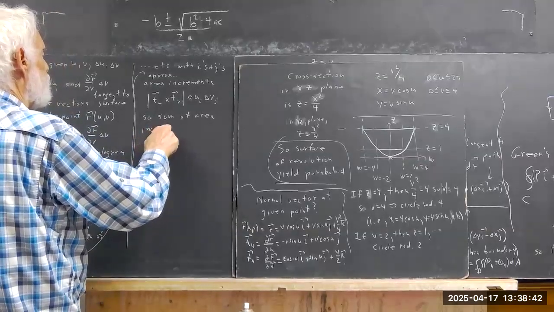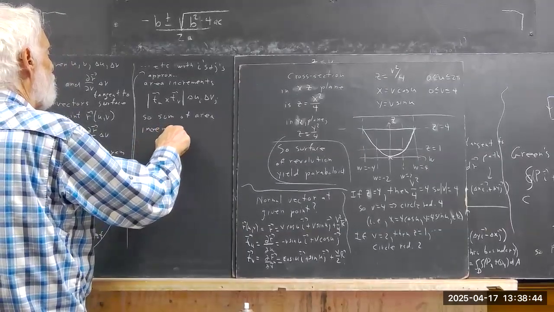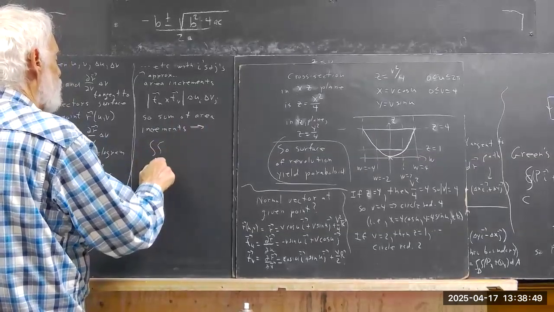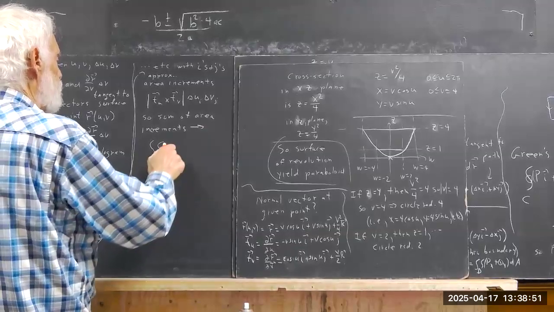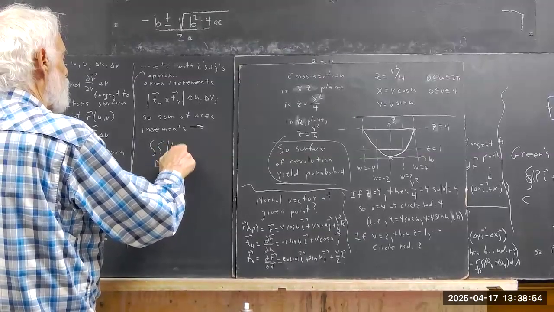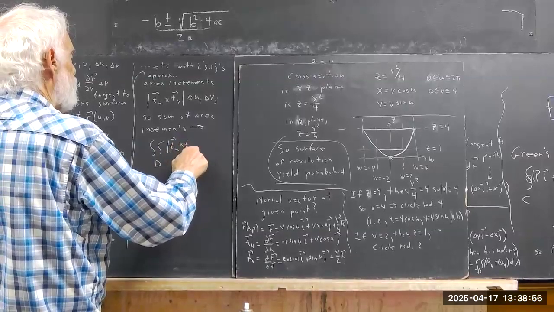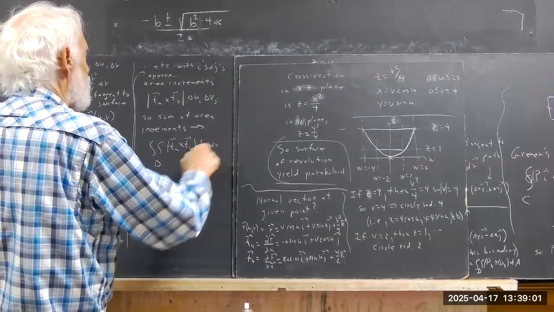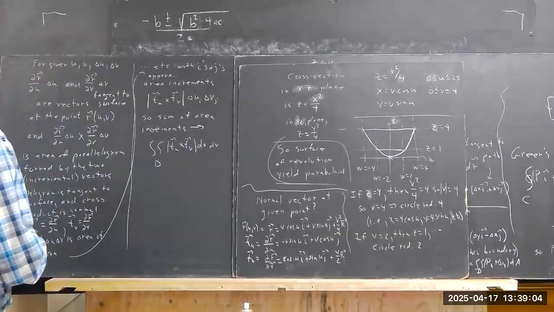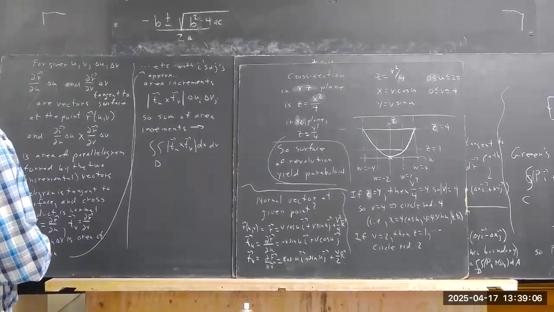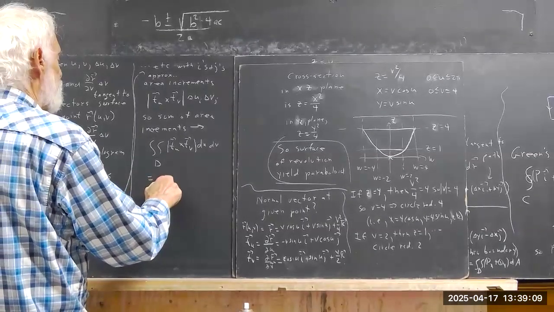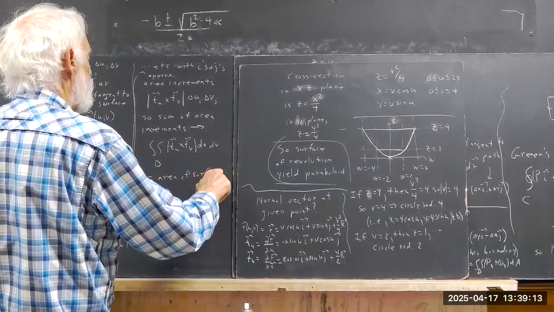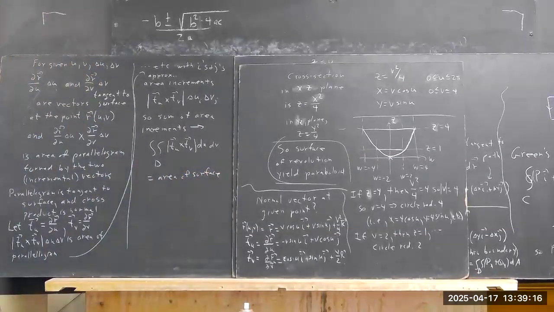The sum of the area increments approaches the double integral over the region, and that is the area of the surface.